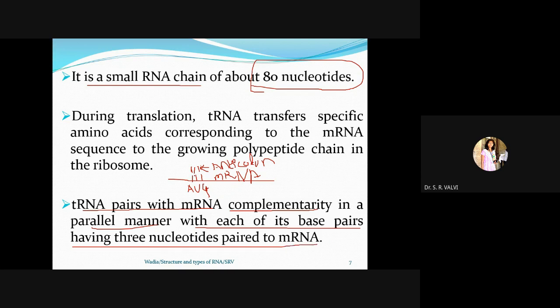As I said, just count it. These are how many? Three, right? And the anticodon carried by the tRNA is also three. So three codon nucleotides of mRNA and three anticodon nucleotides of tRNA are complementary paired with each other.